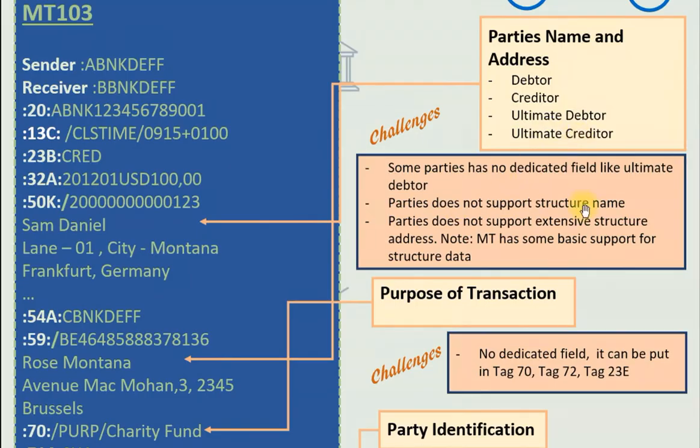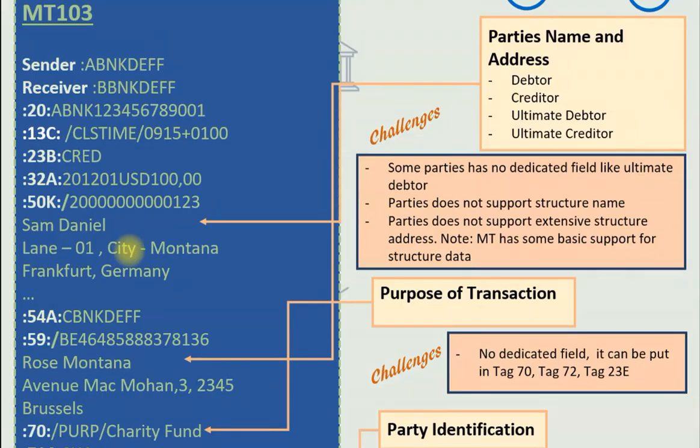The second problem is that the way it is provided is unstructured. Normally four lines are provided for name and address, and sometimes it is difficult to understand which part is the name and which part is the address. It works on some kind of assumption, and even if the name is clear, sometimes it is very difficult to understand which is the city and which is the country.